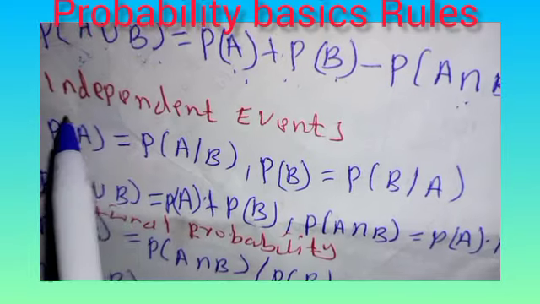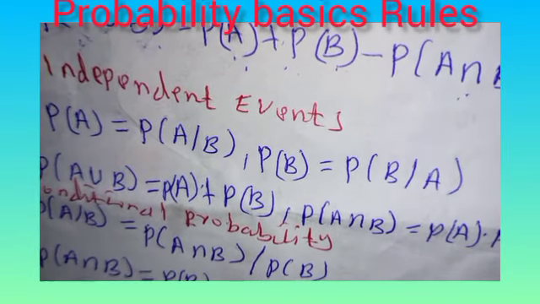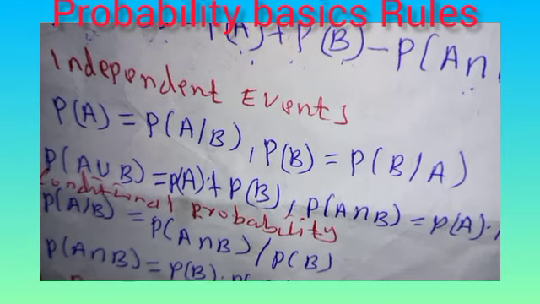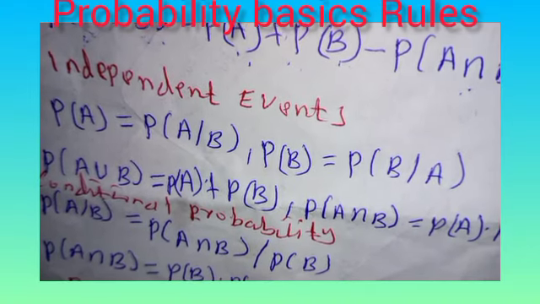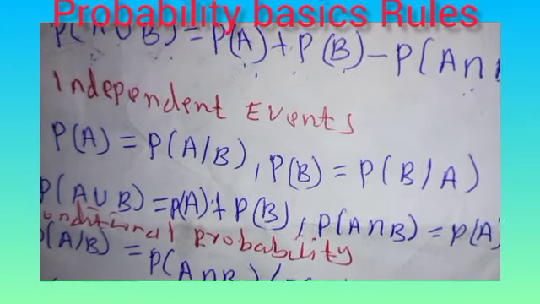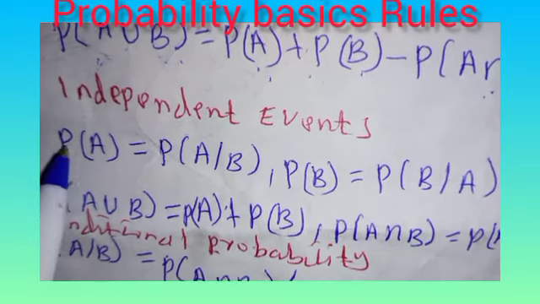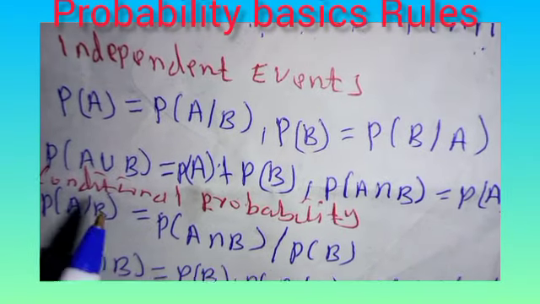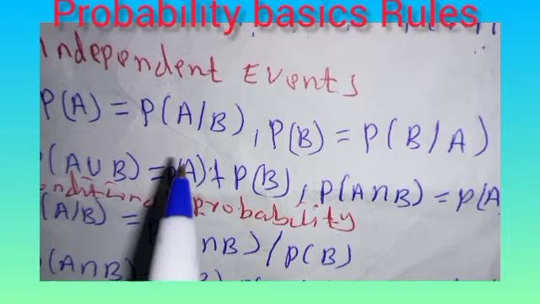Next we look at what is called independent events. Independent events are events which are not affected by other events. The probability of an independent event occurring does not depend on the other event. It is not affected by the outcome of the other event.